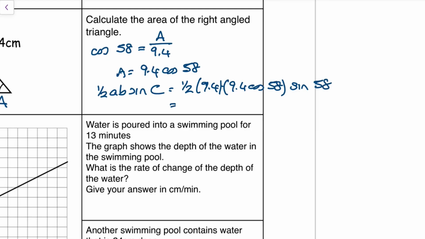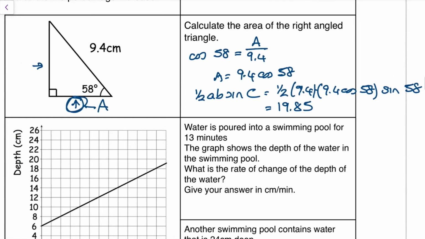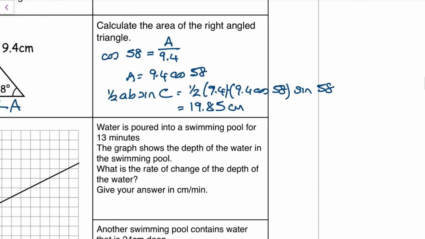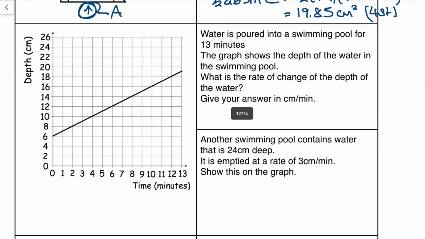Calculator out, and that gives me 19.854. Let's do 4 sig fig. So 19.85 centimeters squared to 4 sig fig. Question done. Next question. And no, not final question today.